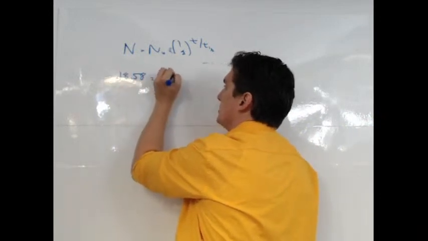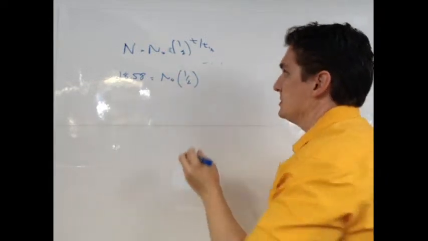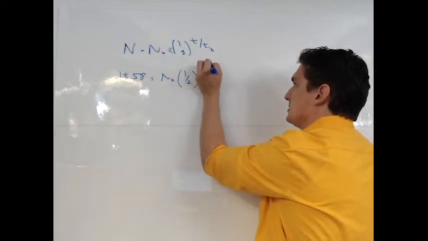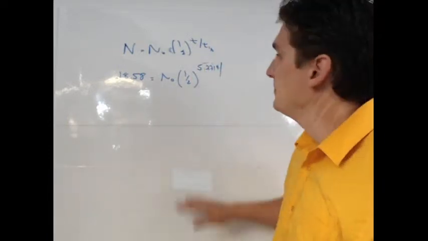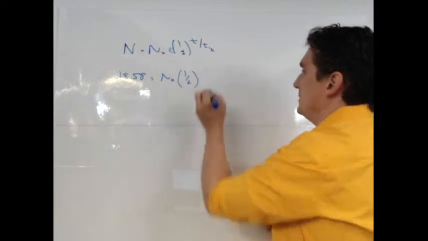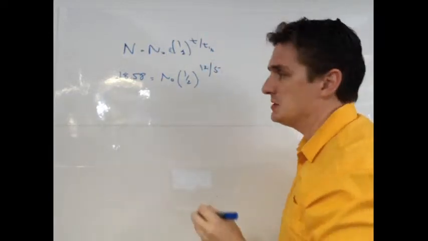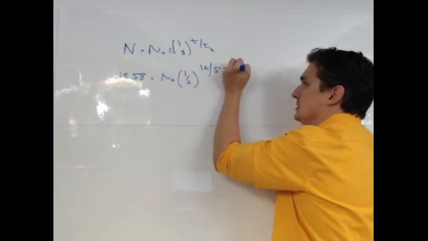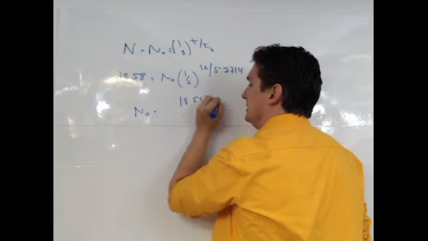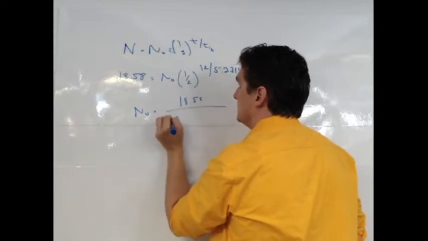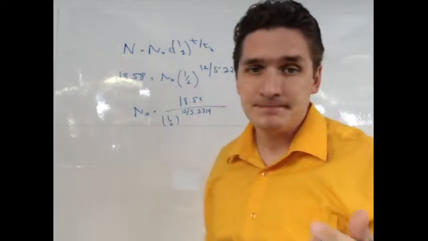We want to know how much we started with. It took 12 years, and the half-life is 5.2714. So to solve for the starting mass, it's just 18.58 divided by 1/2 to the 12 over 5.2714 power.